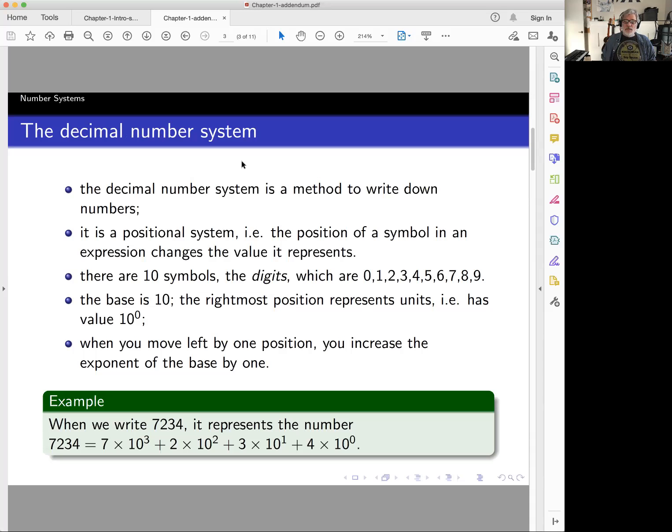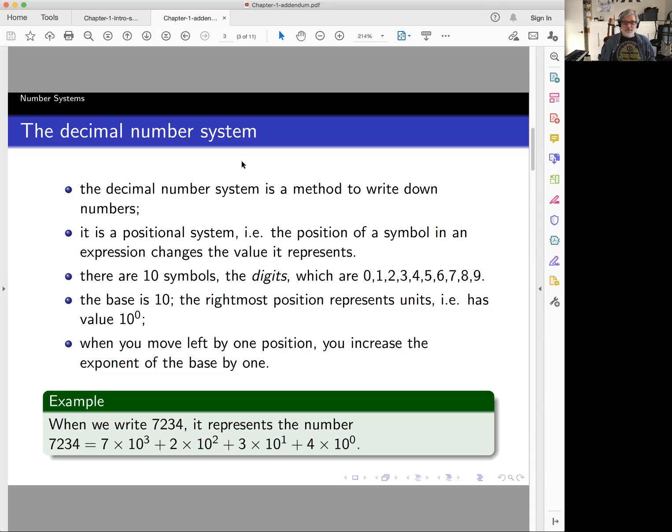10 is the base, which means that the positions are powers of 10. The rightmost position, this is confusing, that's my right, that's your right, is the position of the units, so 10 power 0. And if you move left, the exponent of the base goes up by 1 for each step that you move left.